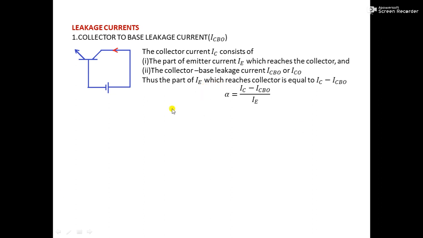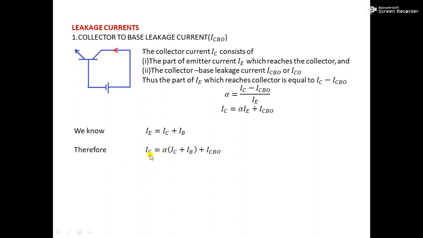Thus the part of IE which reaches the collector is equal to IC minus ICBO, and from the definition of alpha you can say alpha is equal to IC minus ICBO by IE, which we have seen earlier. So IC is equal to alpha IE plus ICBO, and we know IE is equal to IC plus IB.